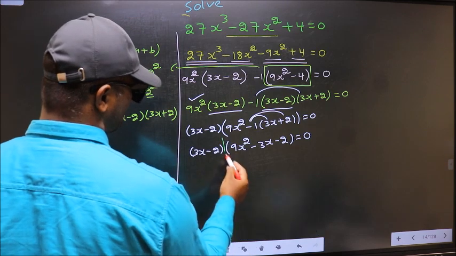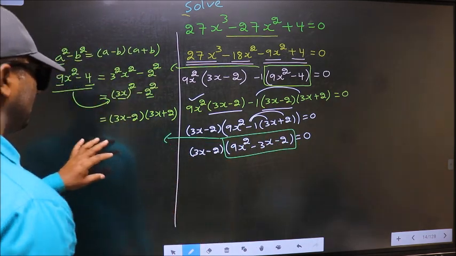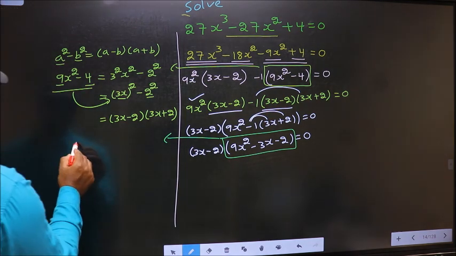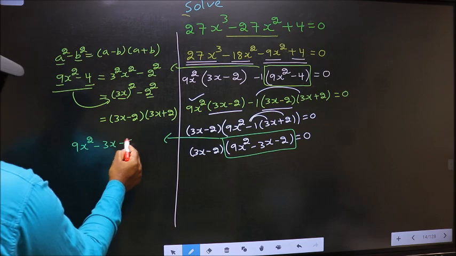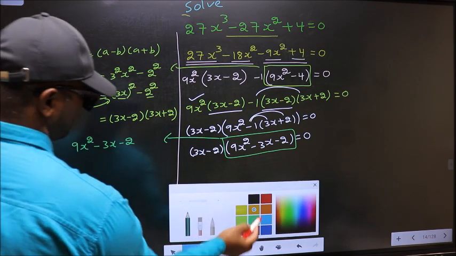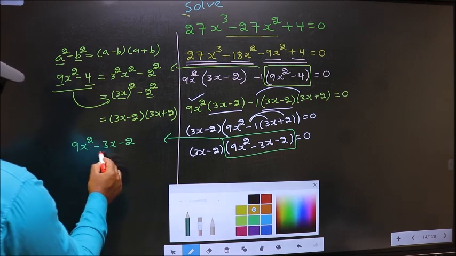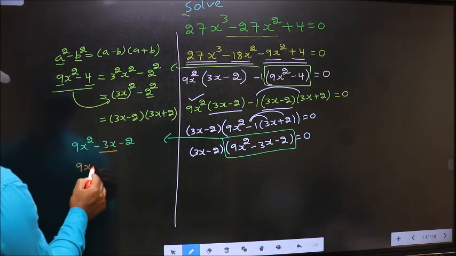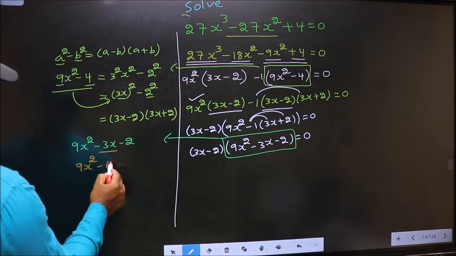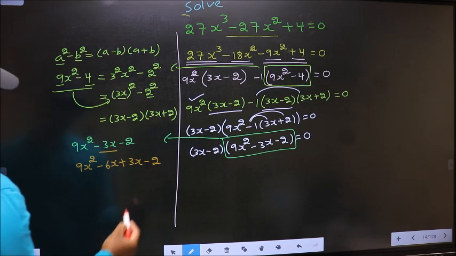Now this quadratic, I will factorize it here, that is 9x square minus 3x minus 2. To factorize this, we should split the middle term minus 3x. So in place of minus 3x, now I write minus 6x plus 3x minus 2.